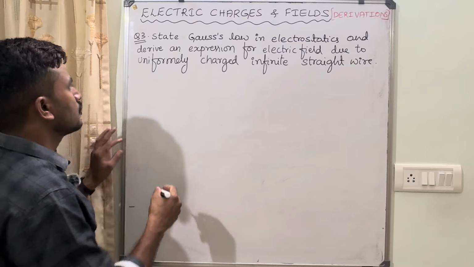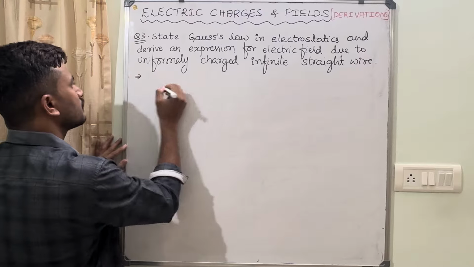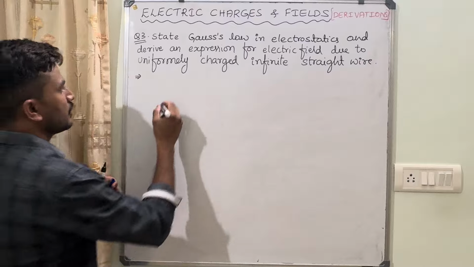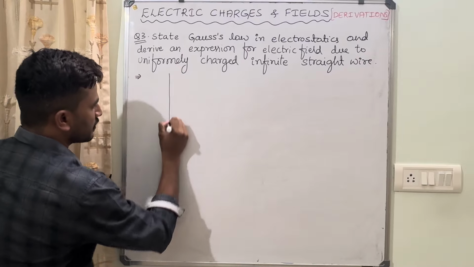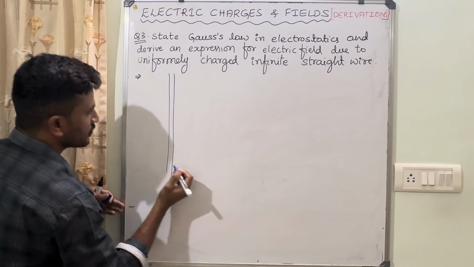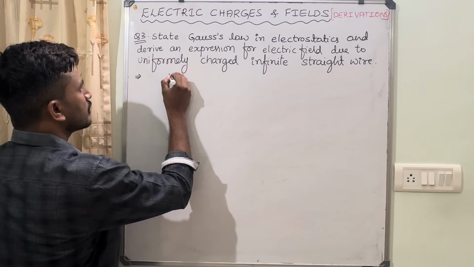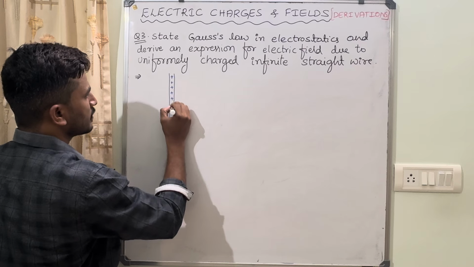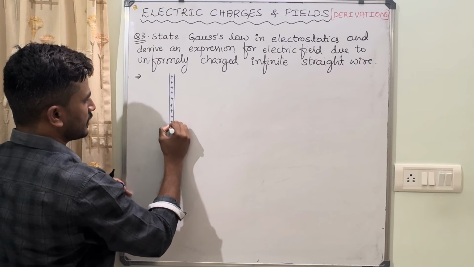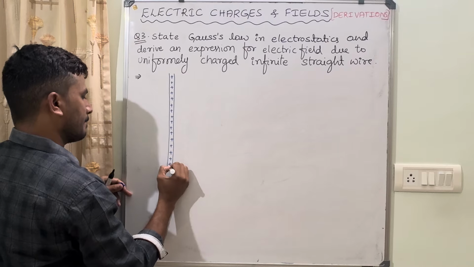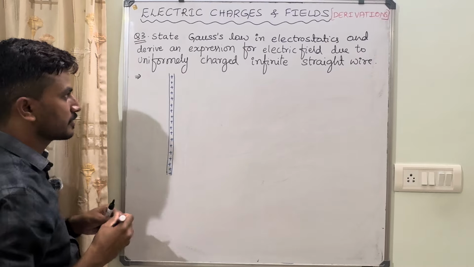So let me draw the diagram here. Here I will consider a uniformly charged straight wire on which charge is distributed linearly and it extends till infinity, like this.